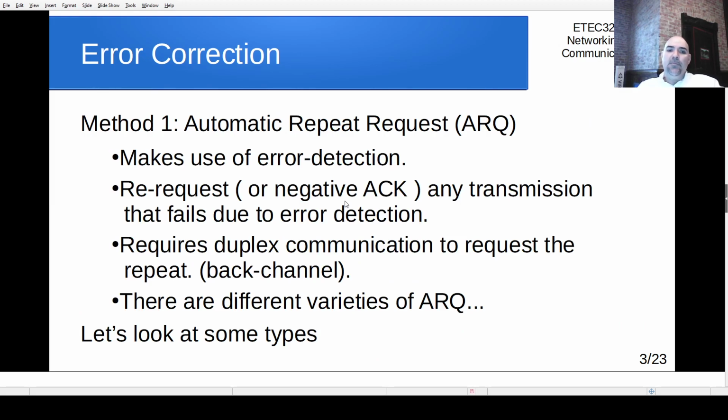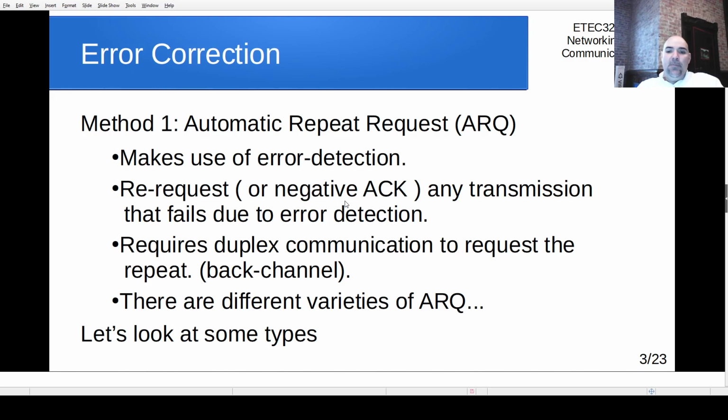This is called ARQ, or automatic repeat request. The idea behind ARQ is that we detect the error when it happens, then tell the sender, hey, that thing was bad, there's an error in that. The sender then resends or repeats the previous thing that was said. It's like in a conversation when you didn't quite hear what somebody said and you say, excuse me, I didn't hear that, and then they repeat it.